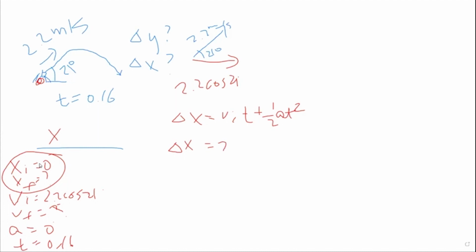V initial was 2.2 cosine of 21, times the time they gave us, which is 0.16. And my second part, because a is 0, this whole thing is going to be 0, right? Anything multiplied by 0 gives you 0. Can somebody plug this into their calculator and see what you get? It's 0.33 meters. Okay, good.